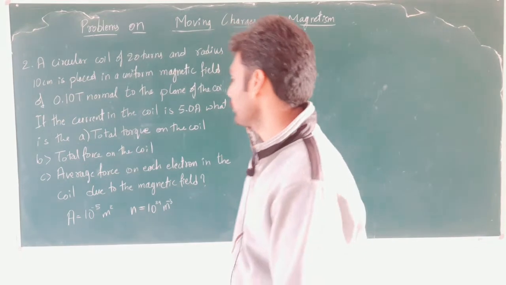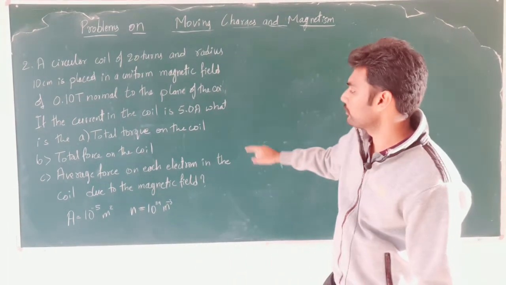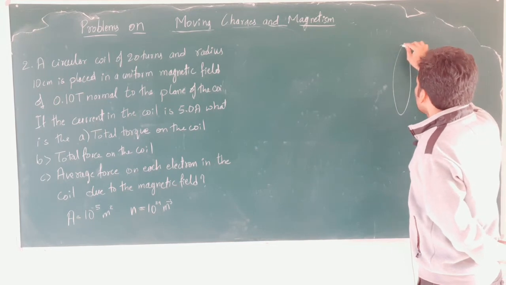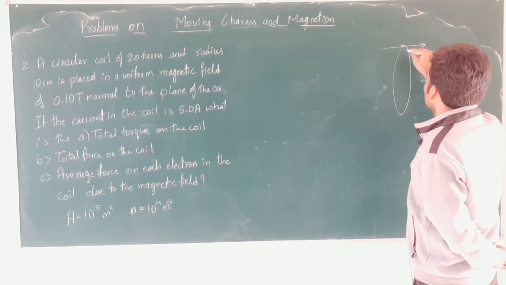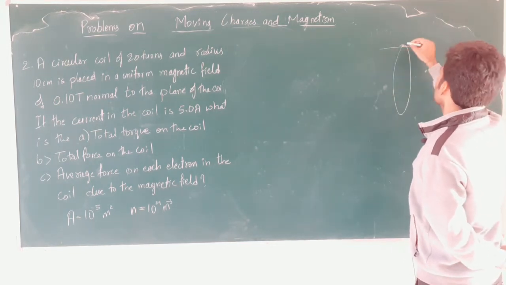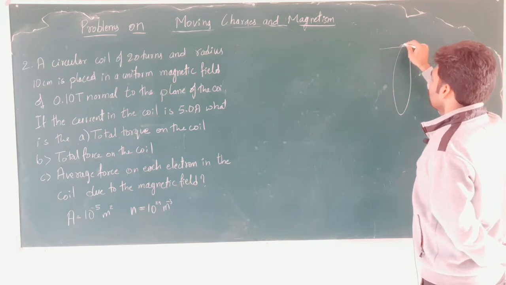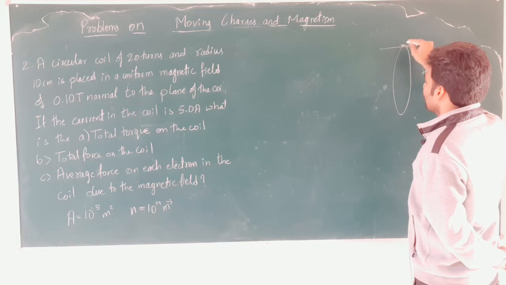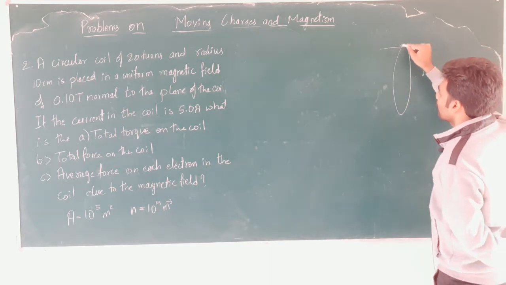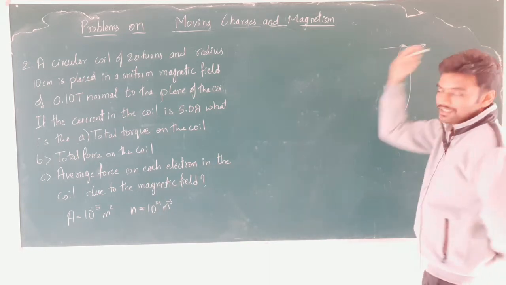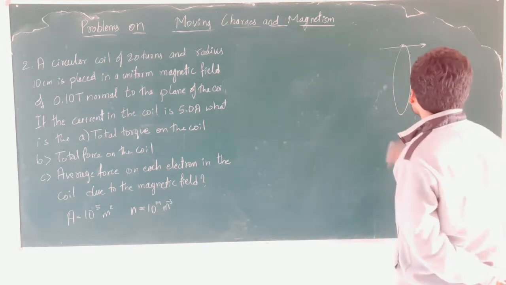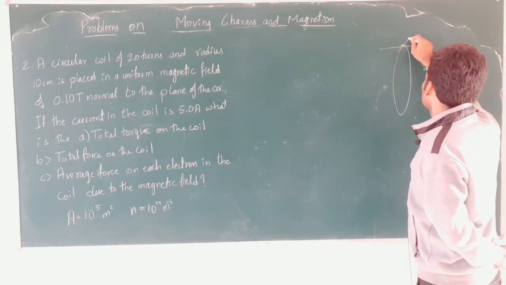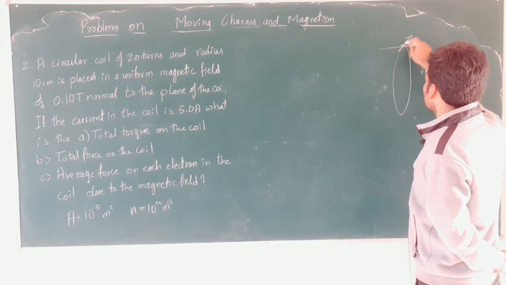And the third part of the question is as follows: average force on each electron of the coil. See, here is the coil, and each electron is experiencing a certain force. The direction of the drift velocity itself is the velocity of the electron, nothing else. So this is how the electron would be directed, tangential to the circular path, isn't it?